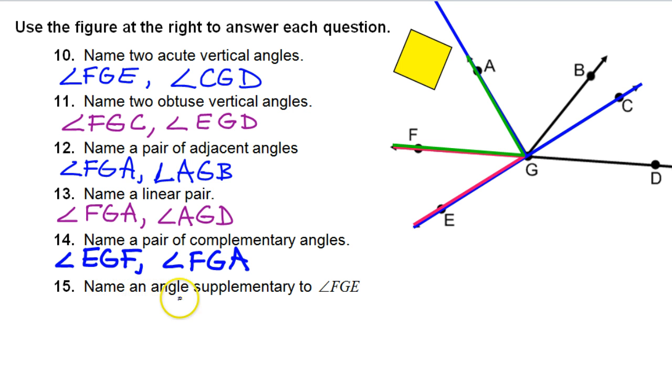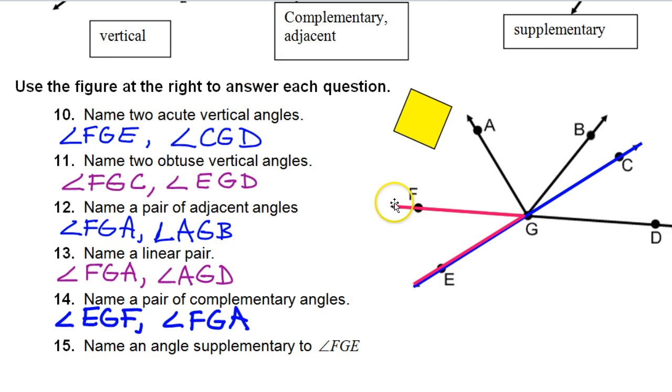Name an angle supplementary to angle FGE. Okay, let me mark angle FGE. So FGE is this pink angle right here. We want an angle that's supplementary to it, meaning it has to add up to 180 degrees. Now, I left this blue line showing because a straight line is going to make 180 degrees if you look at it as an angle.